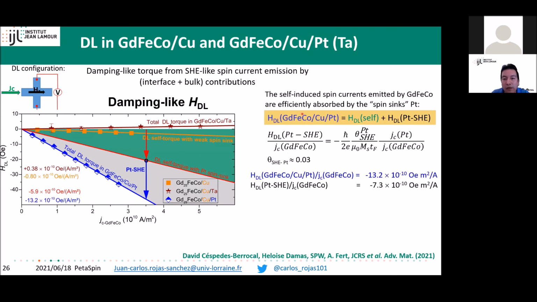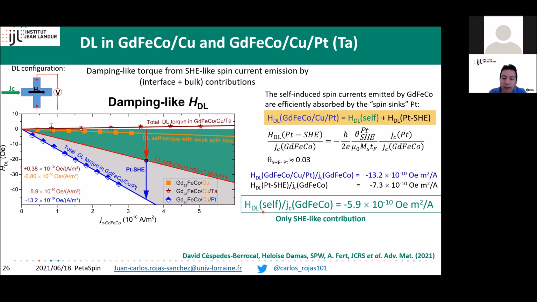So we have the total damping-like torque in the three-layer. We say that we have a contribution of gadolinium iron cobalt copper, and we know that there is also a contribution of the spin Hall effect of platinum. In our old sample of platinum, we have measured this spin Hall angle, so we can estimate the damping-like torque coming only from the spin Hall effect of platinum, and we reach this value. So doing the subtraction of the total minus the contribution of the Hall effect, we get the contribution in this gadolinium iron cobalt copper, and it's quite large.